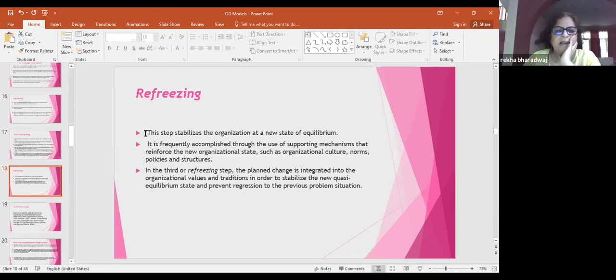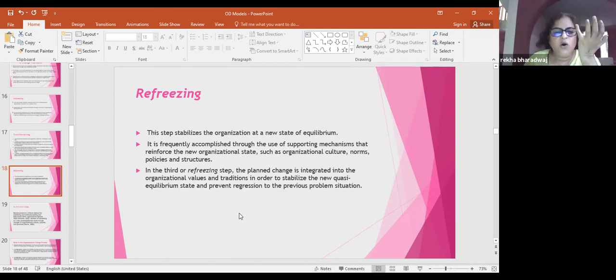And this step stabilizes the organization at a new state of equilibrium because people have imbibed those changes, they have practiced, they have got feedback on those changes, they find that it is helpful, and then it begins to describe the organization's new culture, norms, policies, and structure.